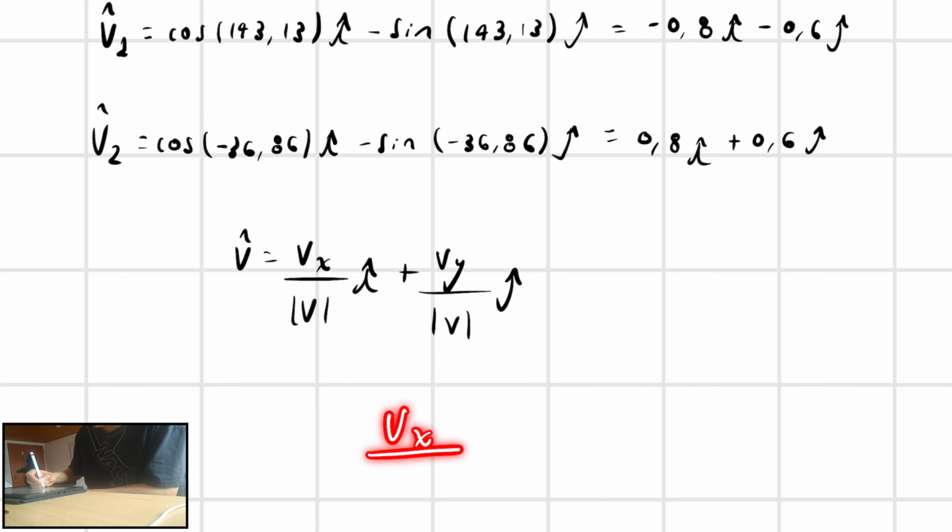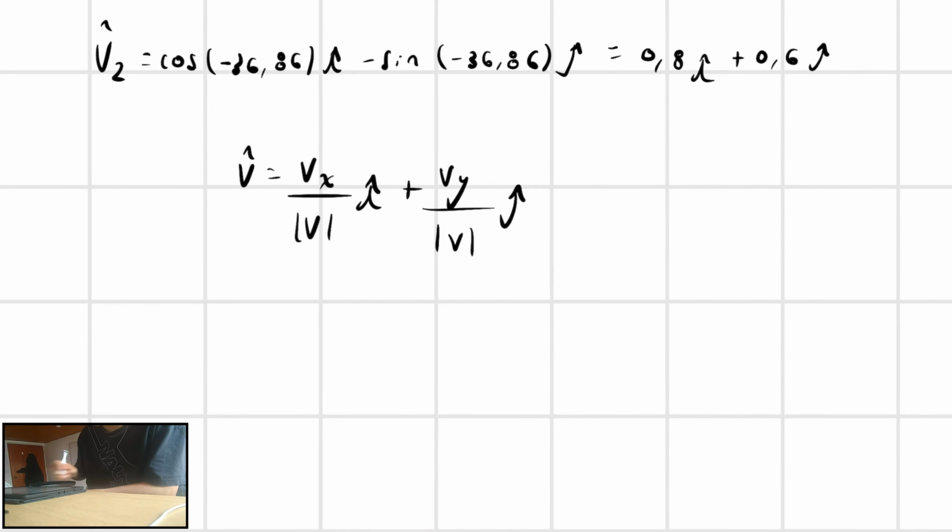Because if I multiply once again by the magnitude of b, I should be able to eliminate these two and have this answer.